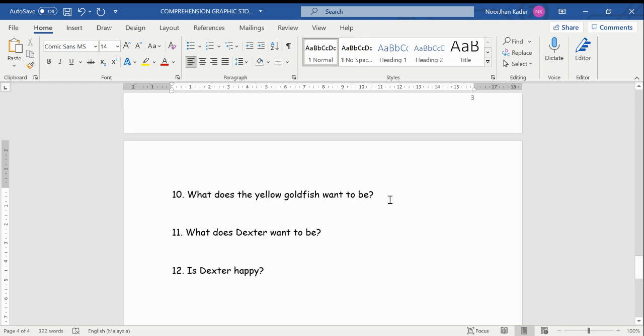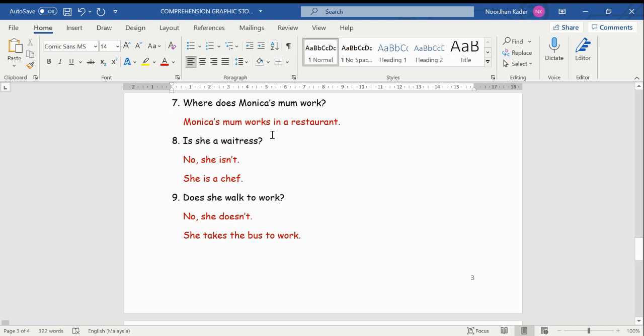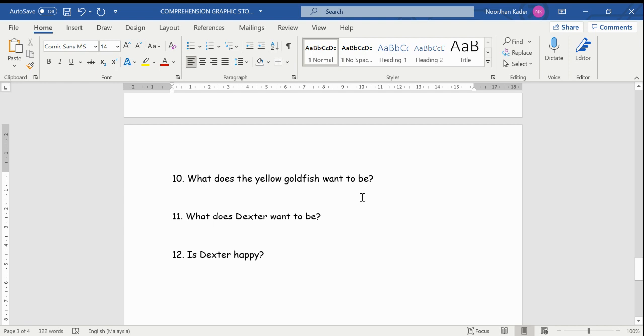Of course, you'll be confused because there are 3 occupations that the yellow goldfish wants to be. But it's actually asking about the third frame. So it progresses from the first frame to the fourth frame.